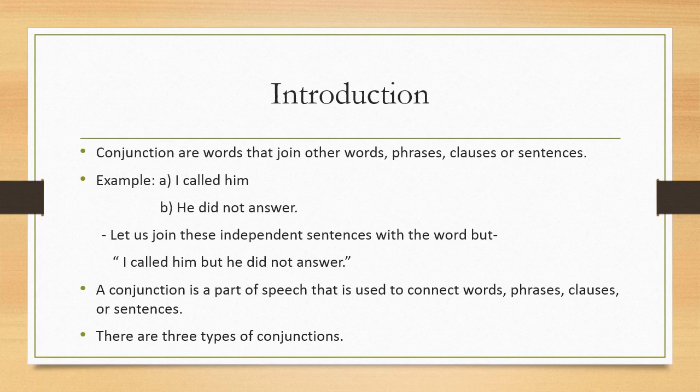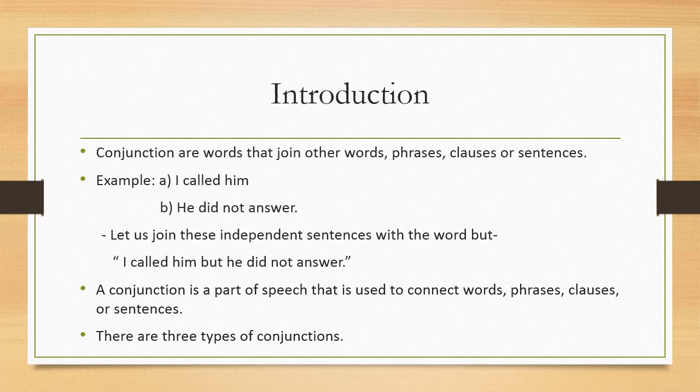Introduction. Now we'll study about what actually conjunctions are. Conjunctions are words that join other words, phrases, clauses, or sentences. So conjunctions are those words which are there to join other words, phrases, clauses, or sentences.